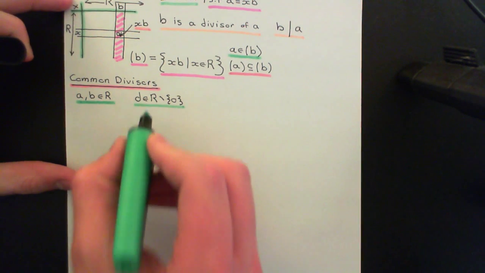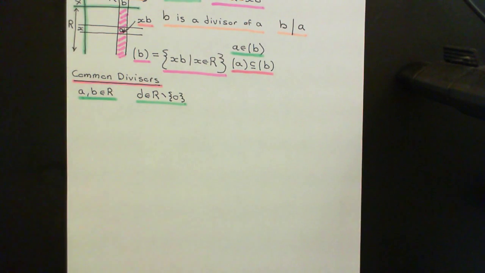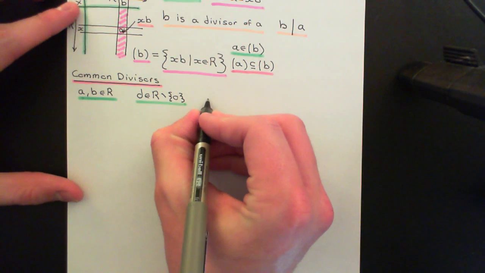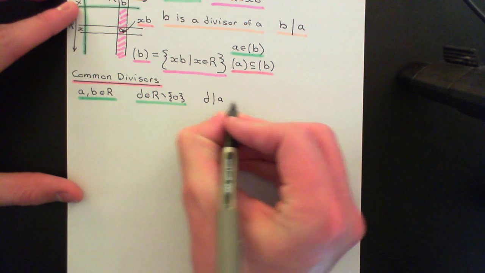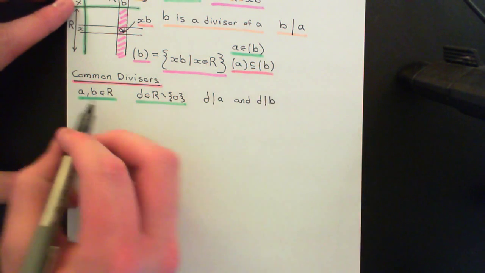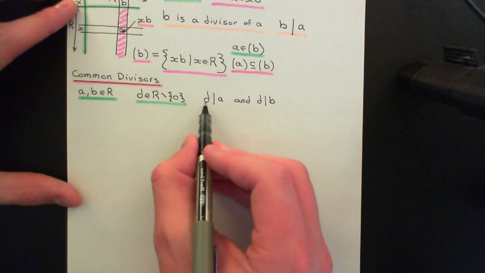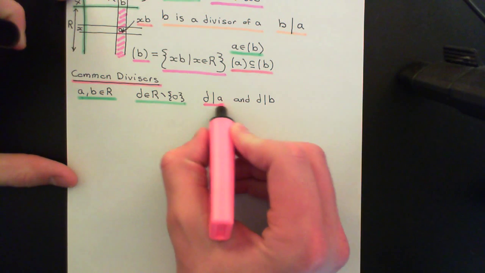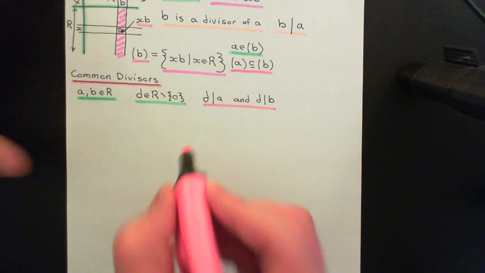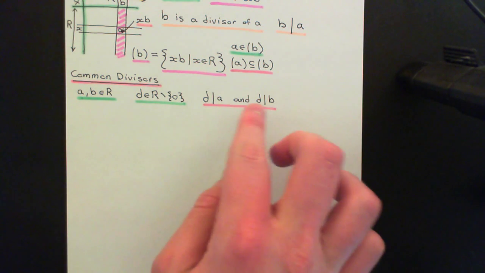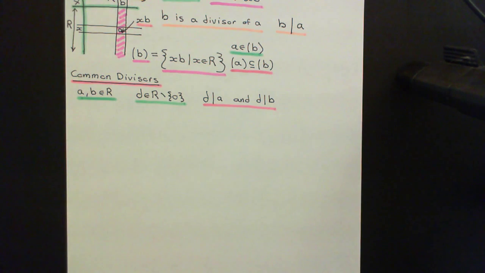And the definition of a common divisor then is that it must divide both A and B. So if it's a common divisor, D must divide A and D must divide B. A common divisor of these 2 elements, A and B here, is something that divides both of them. Now if D divides both of them, then both A and B can be written as multiples of D. So some element of the ring can multiply by D to give A, and some other element of the ring can multiply by D to give B.